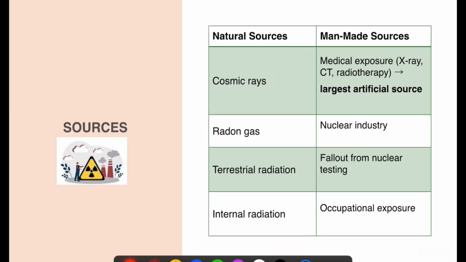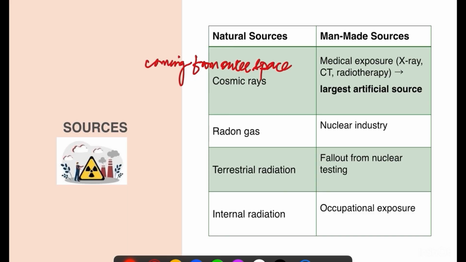The sources of radiation can be natural sources or man-made sources. The different natural sources are cosmic rays, radon, terrestrial radiations and internal radiation. Cosmic rays include the radiations coming from outer space, and the exposure increases at higher altitude.